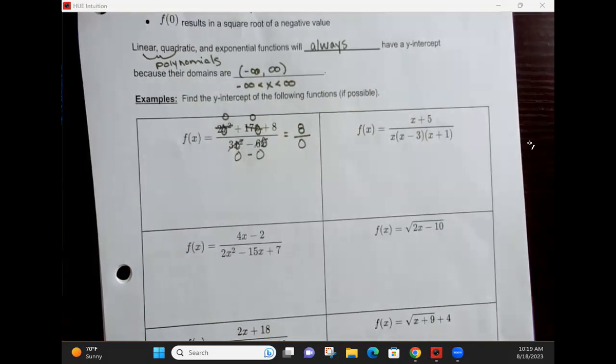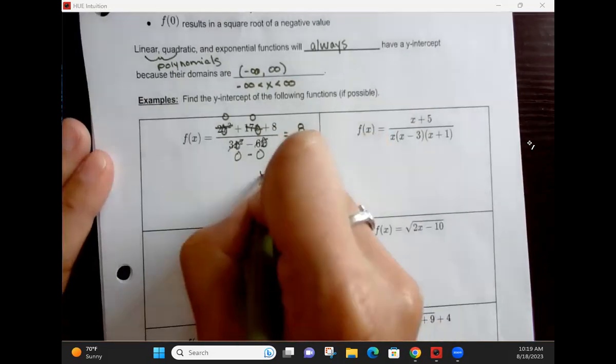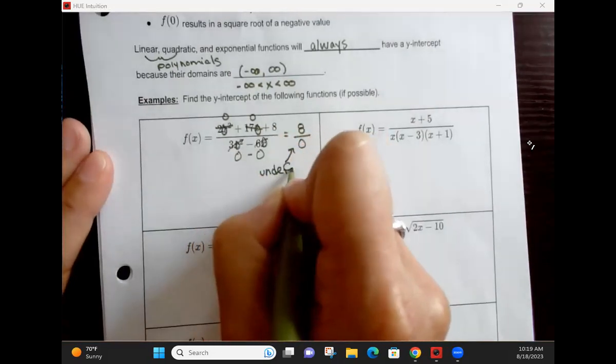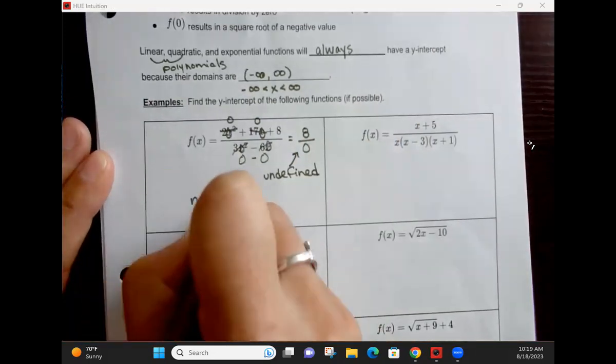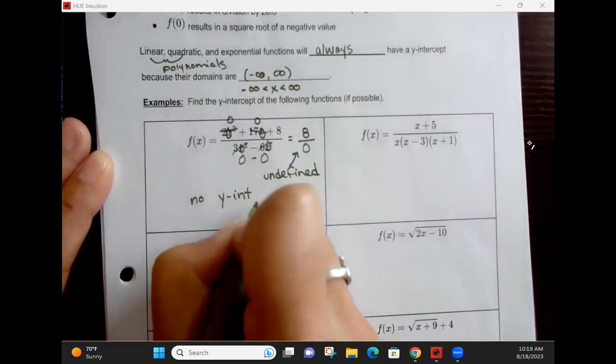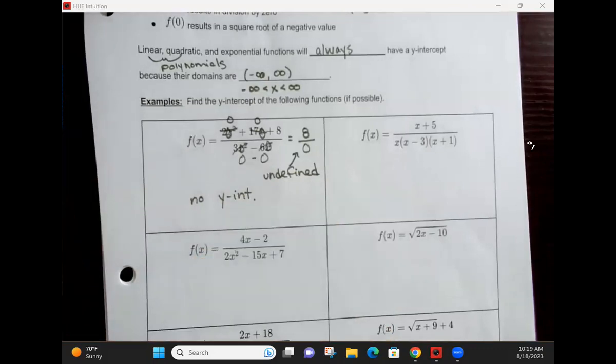This is undefined. That means we have no y-intercepts here. So there's something weird that happens on the graph at that spot. Maybe a hole, maybe an asymptote.